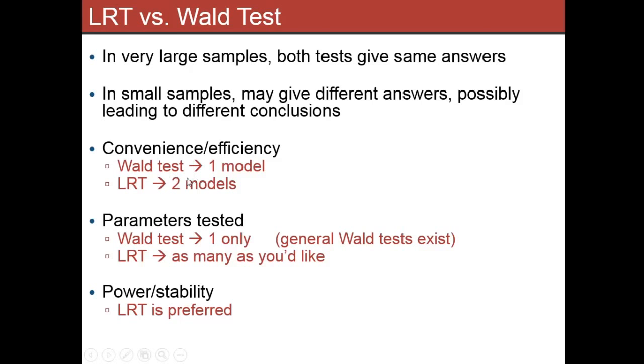It's easier to do a Wald test though, because it only requires knowing beta and its standard error. And so generally, the likelihood ratio test is the preferred methodology. It's the more powerful test. But in practice, actually, the Wald test is easier because it's there on the screen right in front of you in your standard output.